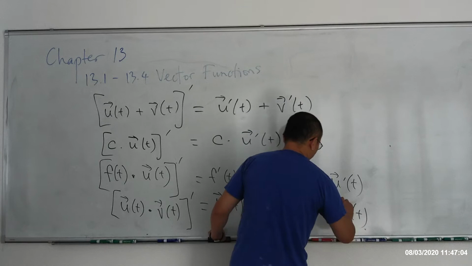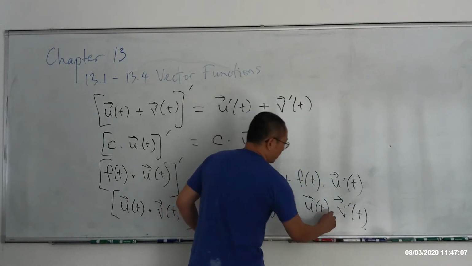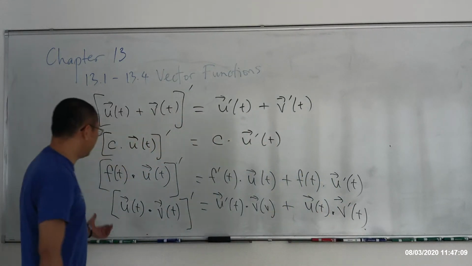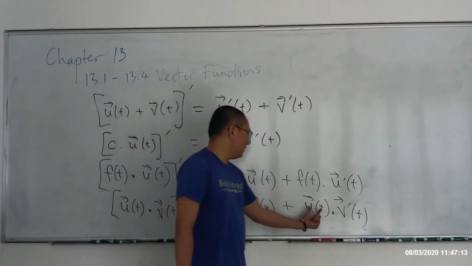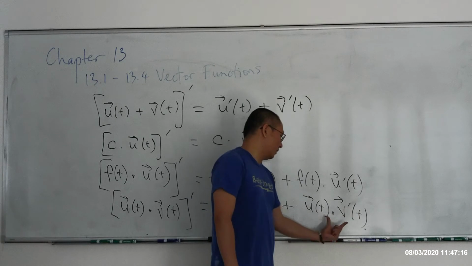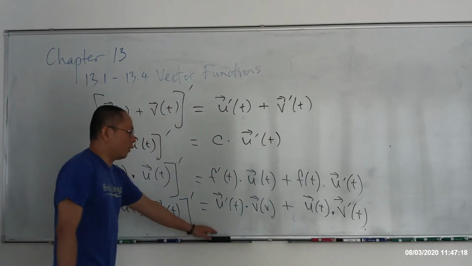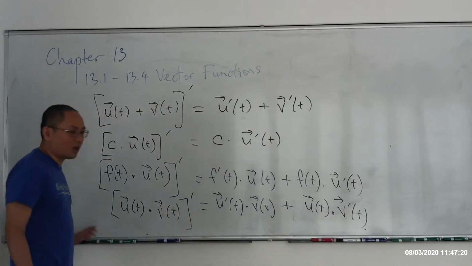Let me just write it in the same order so I can carry over for the cross product. So the derivative of the dot product is the derivative of the first times the second plus the derivative of the second times the first. But I'll try to preserve the order so I can carry this over for the cross product.